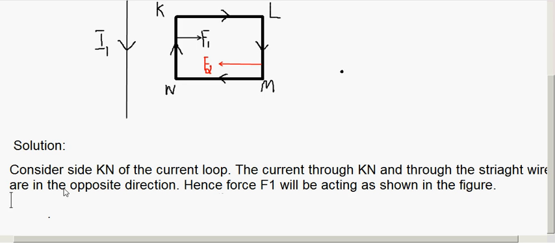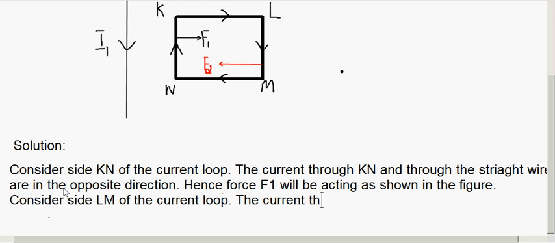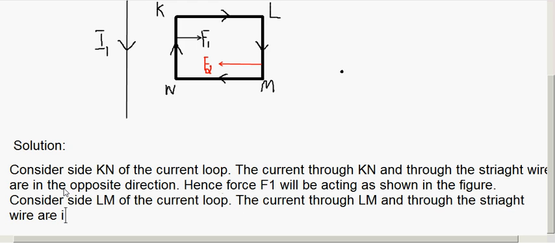Now consider side LM of the current loop. The current through LM and through the straight wire are in the same direction.